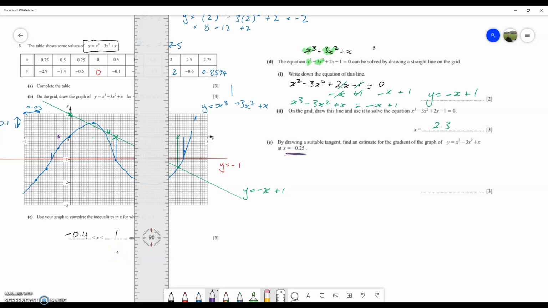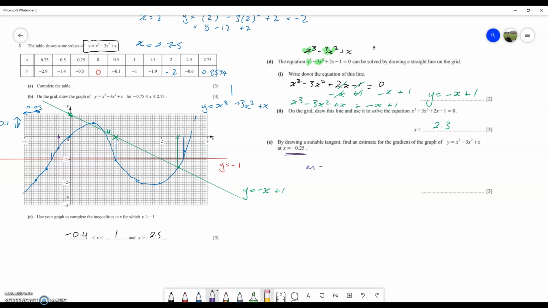So what we could do there actually, and probably what we should have done from the start, is remember our formula for finding the gradient: m is equal to y1 take away y2 over x1 take away x2. The 2 points we're going to use are the ones either side of the middle point.